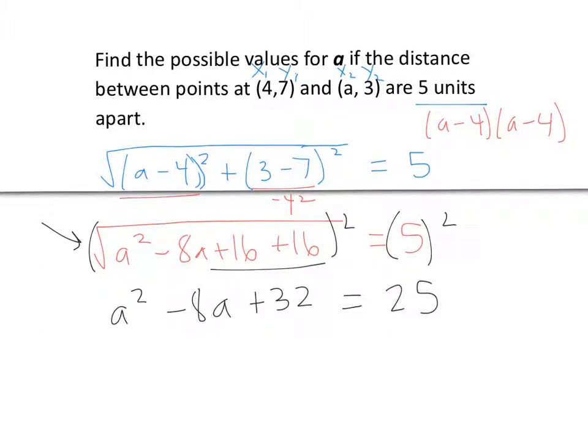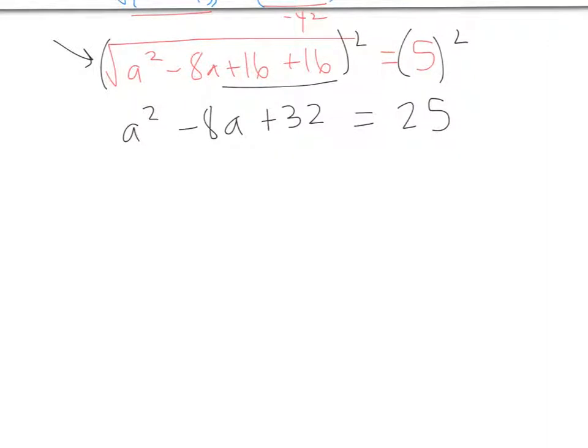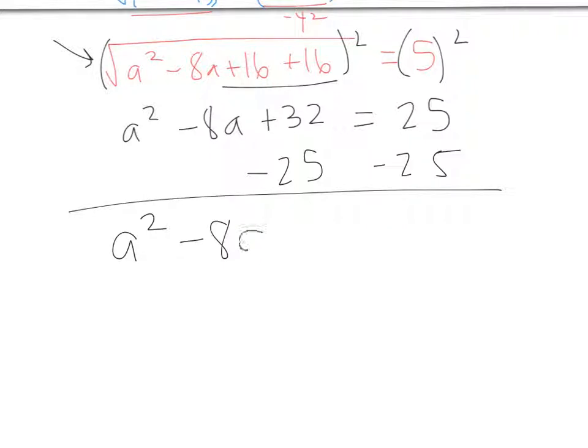Now, this is a quadratic equation that we just learned in chapter 8 how to solve. So what I want to do here is get everything on one side. I'm going to subtract 25, bring that 25 to the other side, minus 25, and I get A squared minus 8A. 32 minus 25 is 7, equals 0.